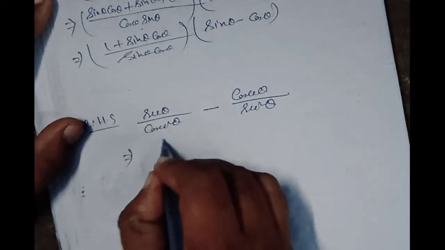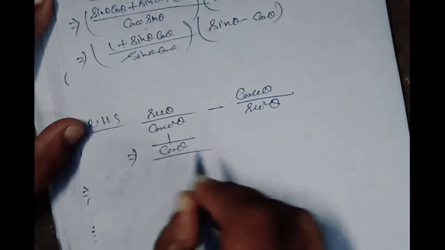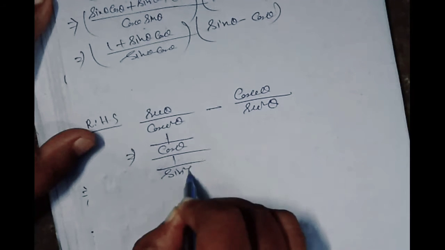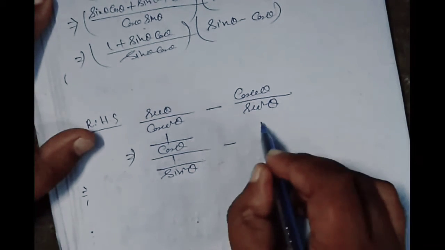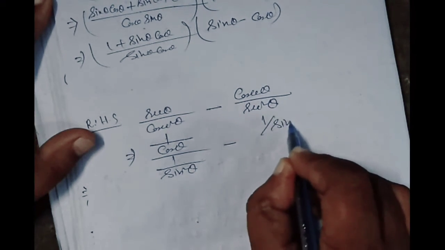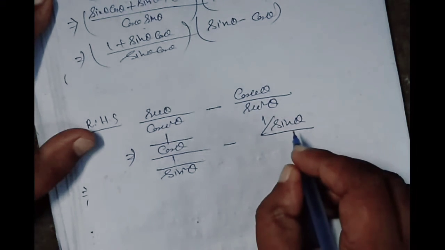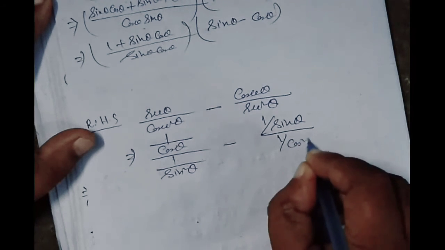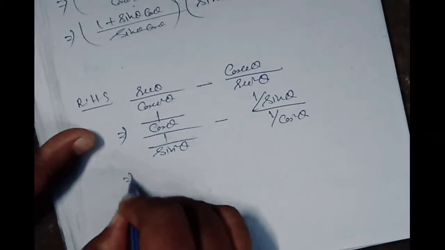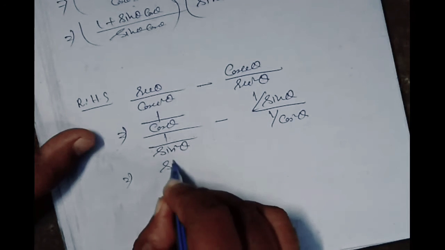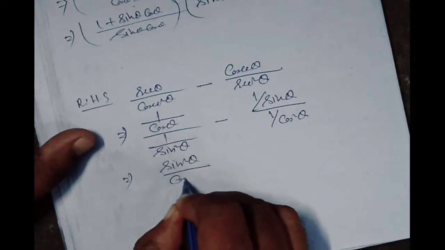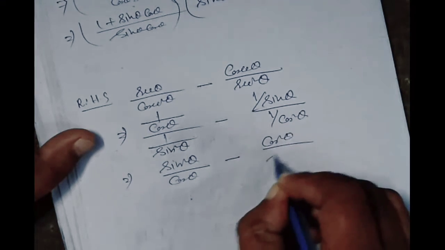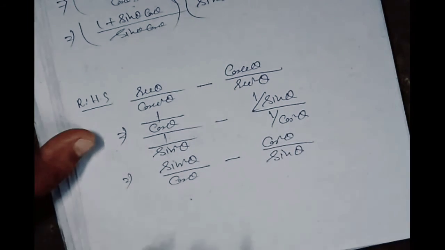Now sec theta means 1 by cos theta, cosec square means 1 by sin square theta, cosec means 1 by sin theta, sec square is 1 by cos square theta. So this equals sin square theta by cos theta minus cos square theta by sin theta.